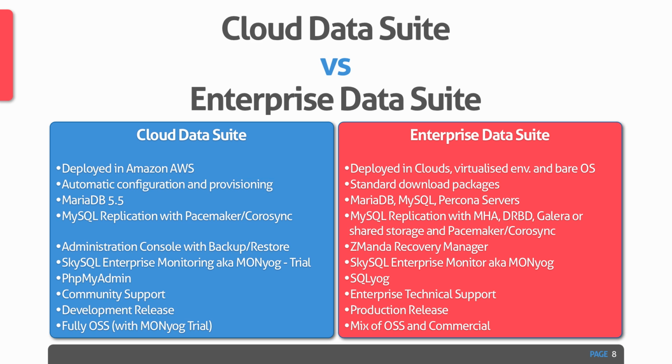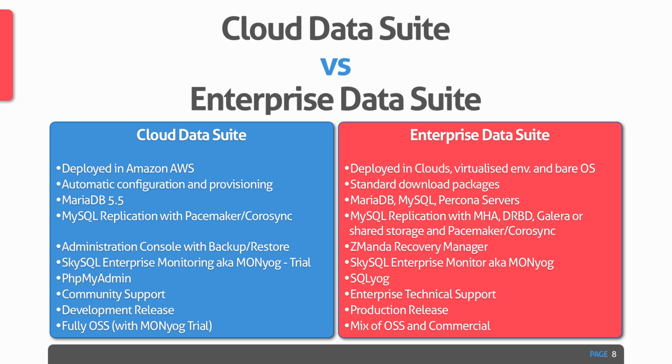And with the exception of a trial from Monyog, the system is fully open source and licensed in a way where everybody is absolutely free to test it, try it, use it, modify it, or take some of the components from the data suite and reuse it for their own purpose.